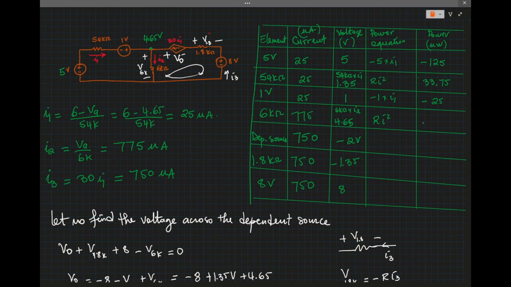So for the 6K, we have 3603.75 microwatt. For the dependent source, the current is flowing from minus to plus, so we have the voltage across the dependent source, so minus Vi.